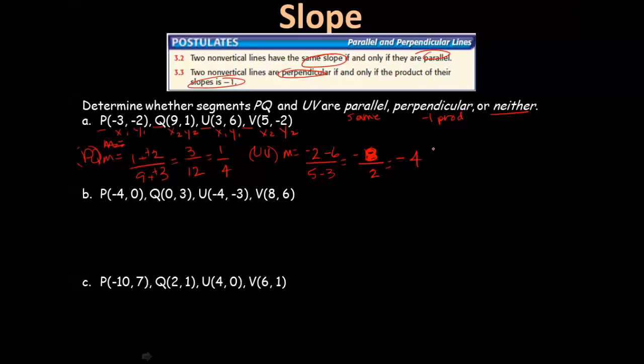So if you look, you've got 1/4 multiplied by -4 over 1. That comes out to be 4 over 4 negative. So your product is a -1, so those lines are perpendicular.